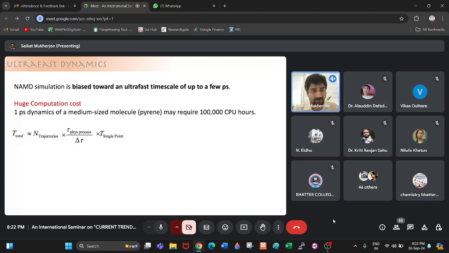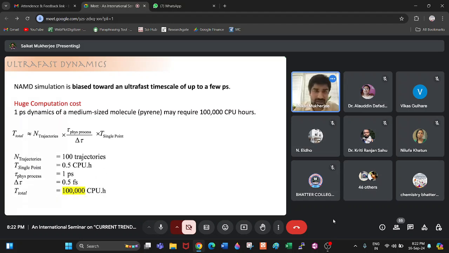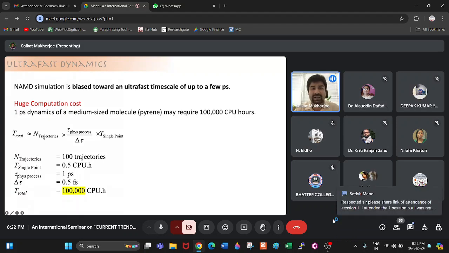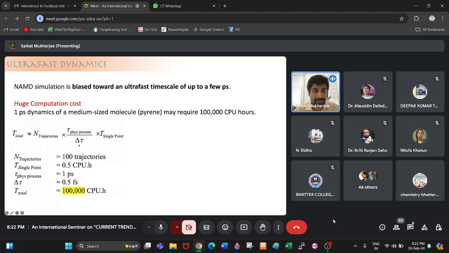If I say, okay, I need to simulate 1 picosecond dynamics of, let's say, a medium-sized molecule, pyridine, it will require 1,100 CPU hours. You can calculate this with very simple mathematics. You take your number of trajectories multiplied by the physical process you want to simulate, let's say 1 picosecond, that means 1,000 femtoseconds, divided by your time step.